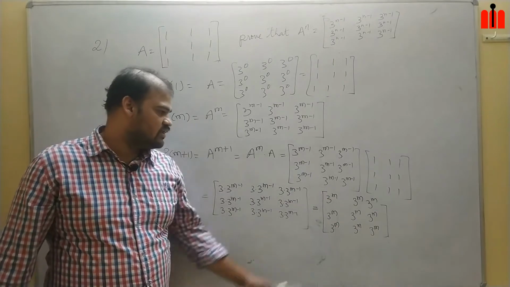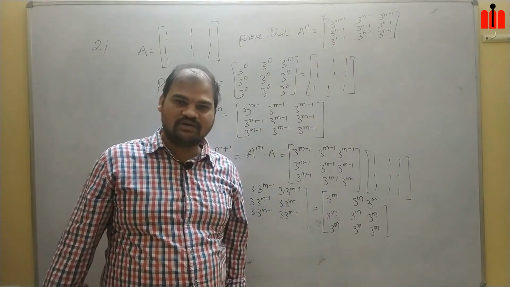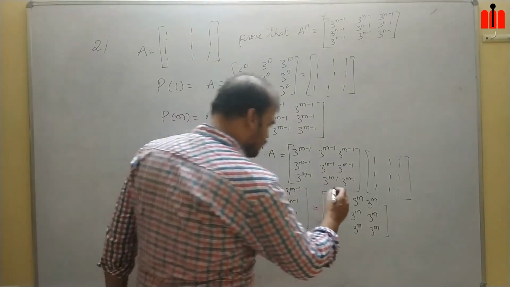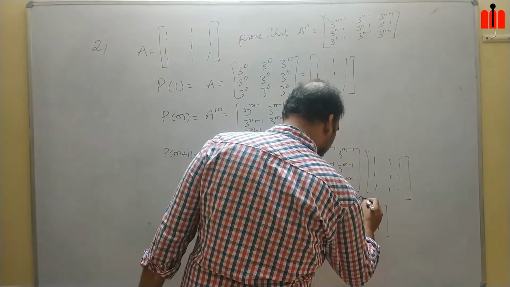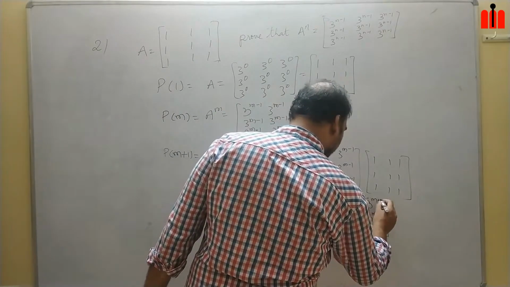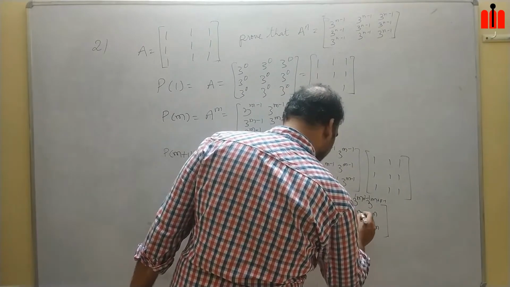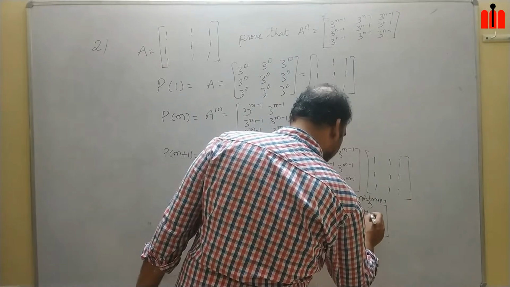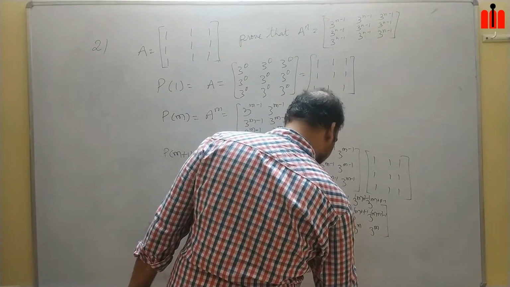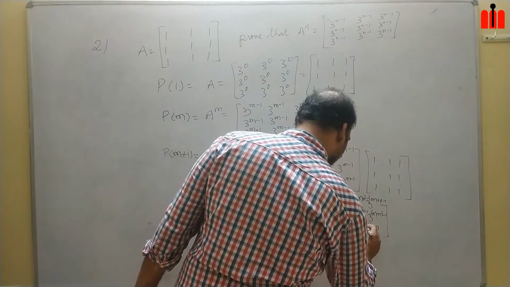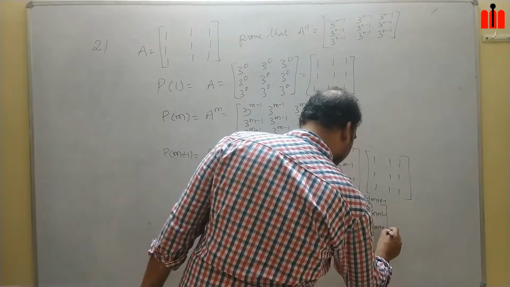Further, this m you can write as m plus 1 minus 1, the same with all entries.